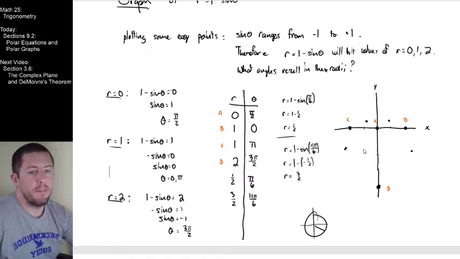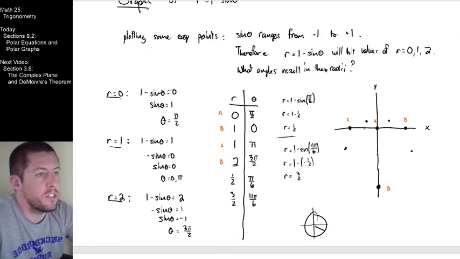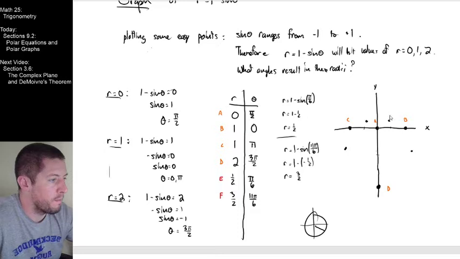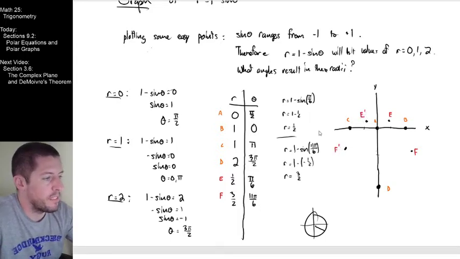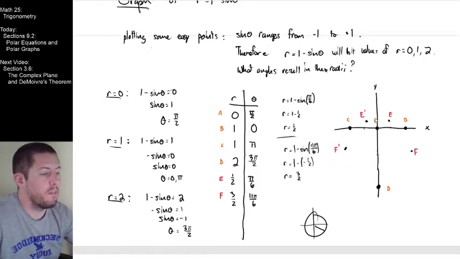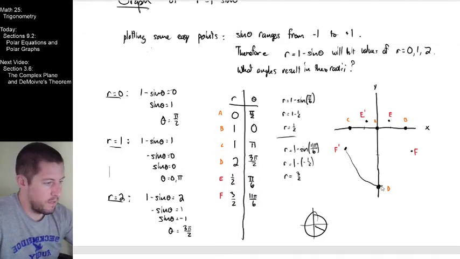So I'm thinking to myself, if I wanted to draw a curve that connected all of these points that we've graphed, and I guess I should go ahead, I'm going to label some more points out here. A, B, C, D, let's call this E and F. This was my E, and this was my F, and I'm going to go ahead and call this E prime and F prime. Those are my symmetries. Then it seems to me like the curve that we're going to generate that's passing through all of these things seems to be doing something like this.